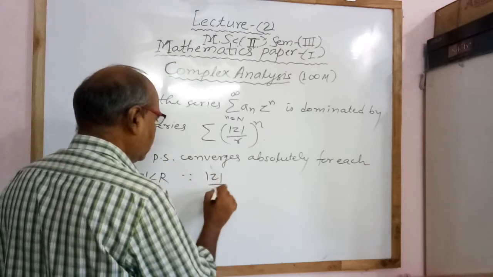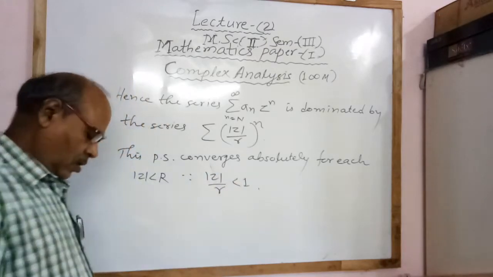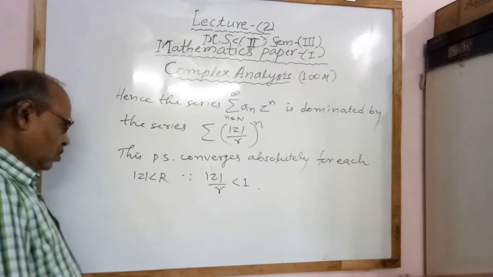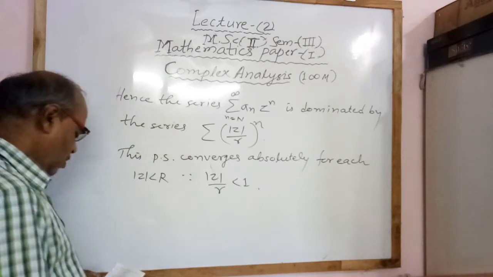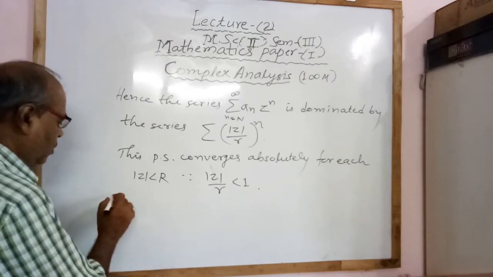Since mod of z divided by r is less than 1, this ratio is less than 1. Therefore, the power series on the LHS of equation 1 converges.